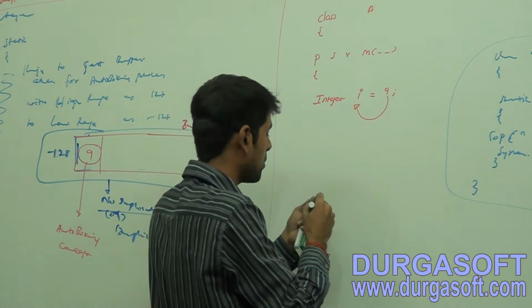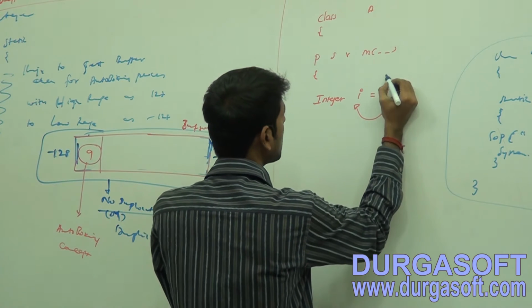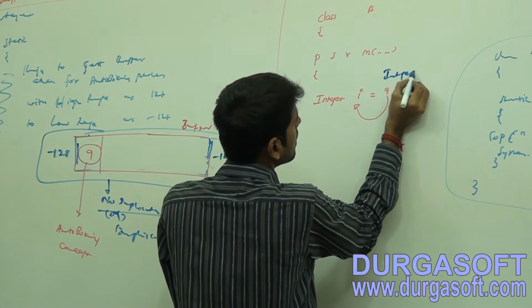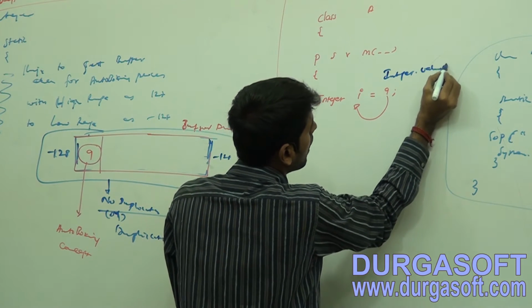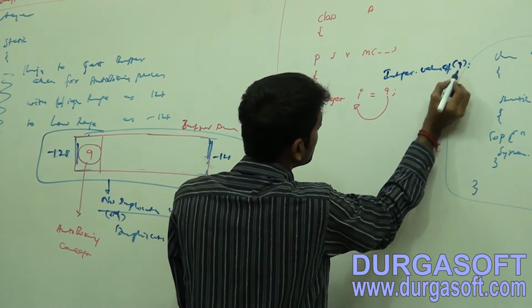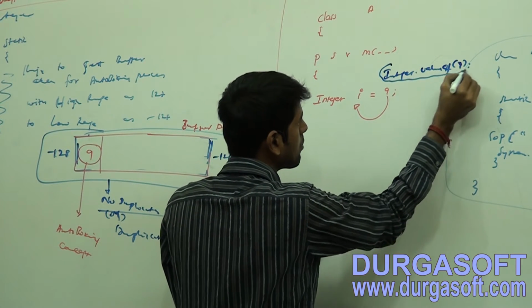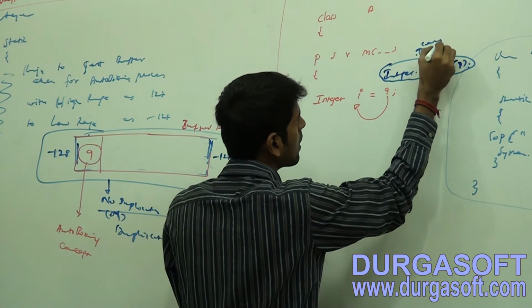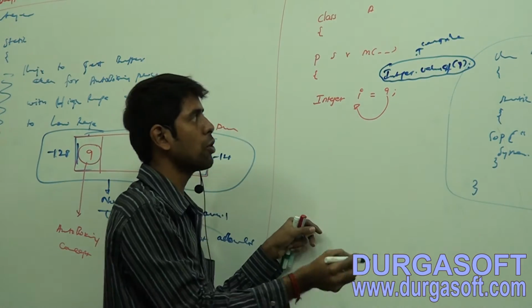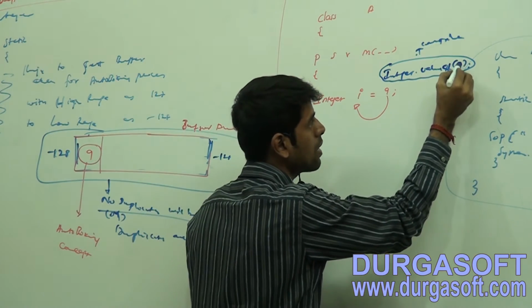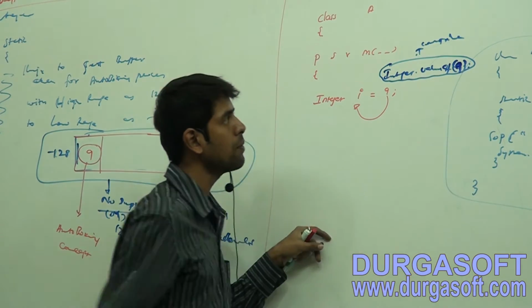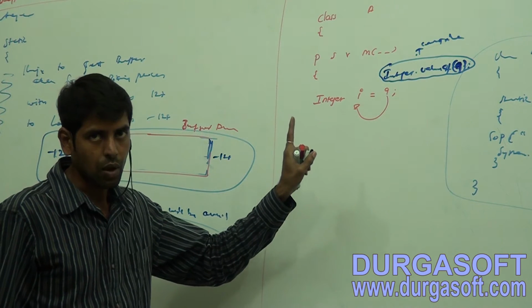So what will be the code? Integer.valueOf(9) will be the code written by our compiler. I hope you have knowledge till here.